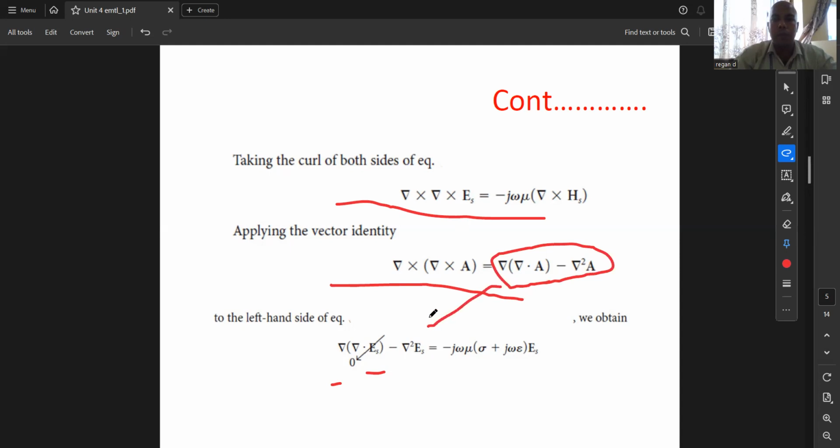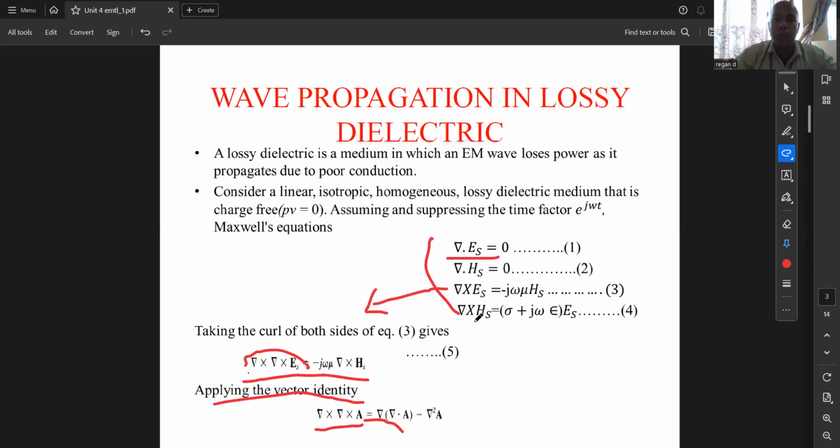And this equals minus j omega mu del cross Hs. In place of del cross Hs, we have sigma plus j omega epsilon times Es.